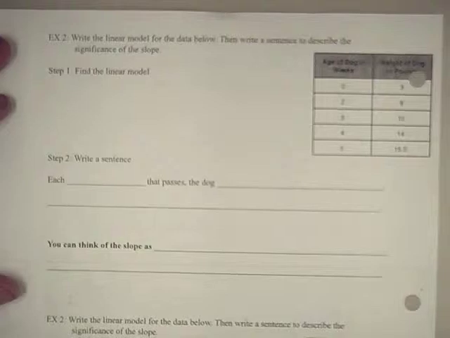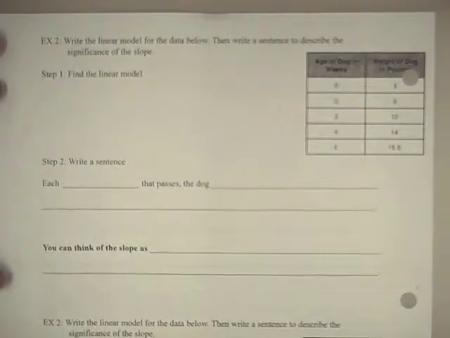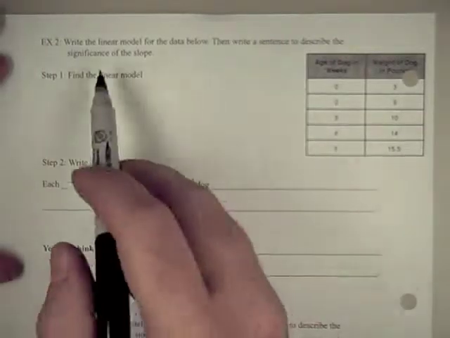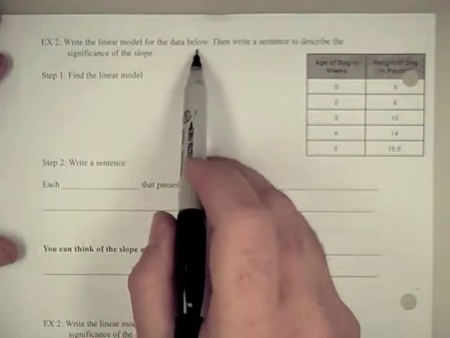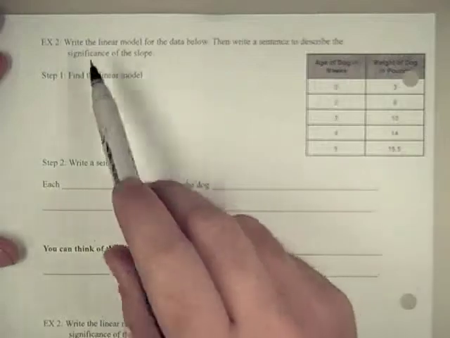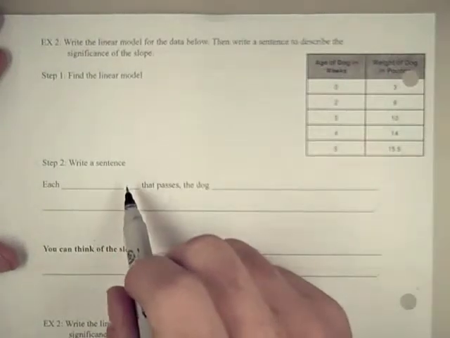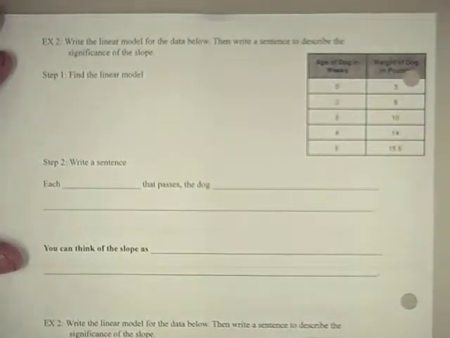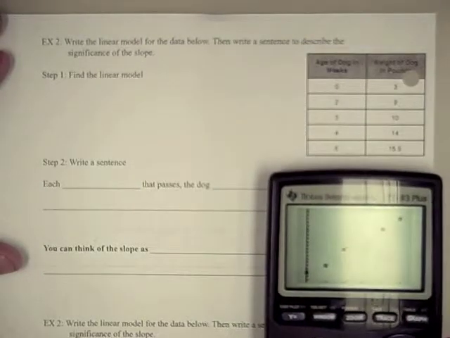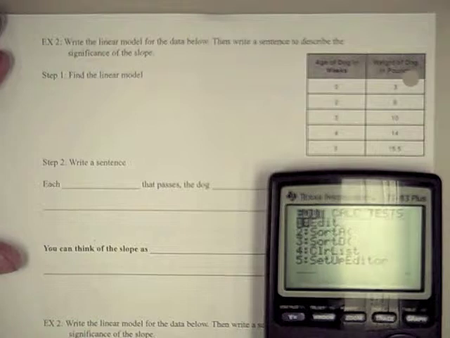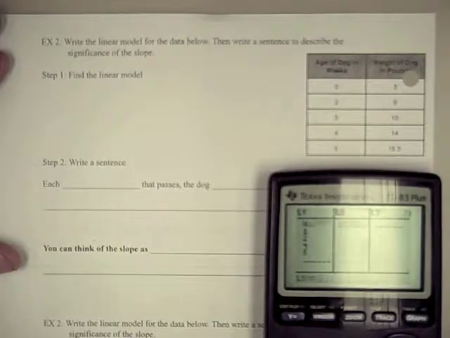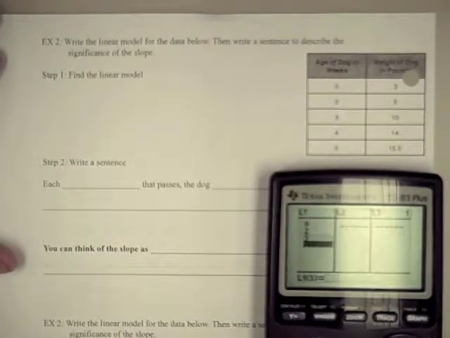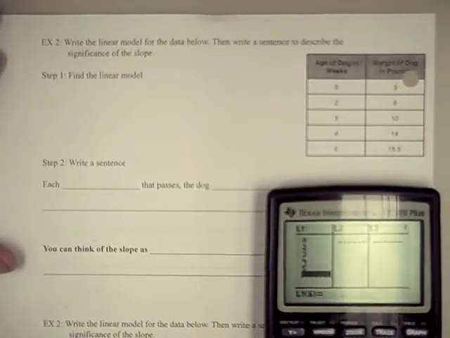On the back, we're now going to think about what the slope of a model means. Example 2 says, write the linear model for the data below, and then write a sentence to describe the significance of the slope. So first off, we'll find the linear model here. You guys should be good at this by now, but the basic idea is stat, edit, put your data into your calculator. 0, 2, 3, 4, 5.